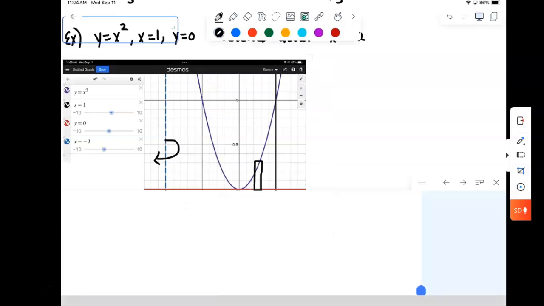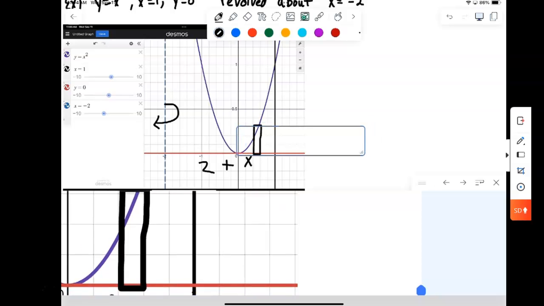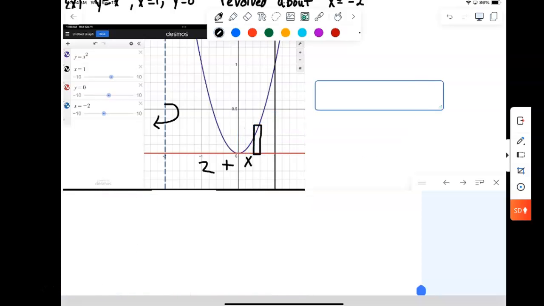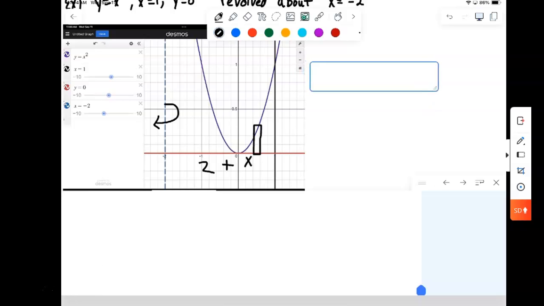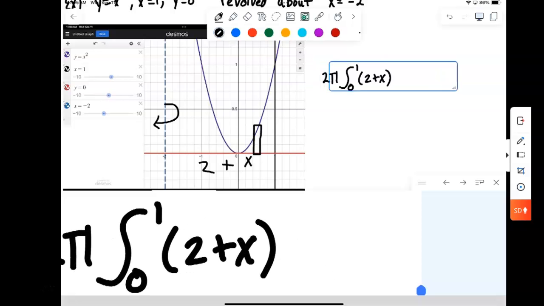And then we're ready to go now. The height's just going to be given by x squared. The interval we're doing this for is between 0 and 1. And so we can set this up. 2 pi integral from 0 to 1 of 2 plus x times our function x squared dx.